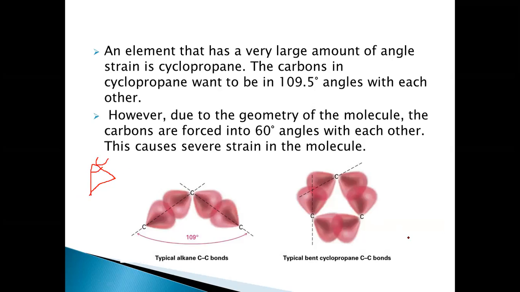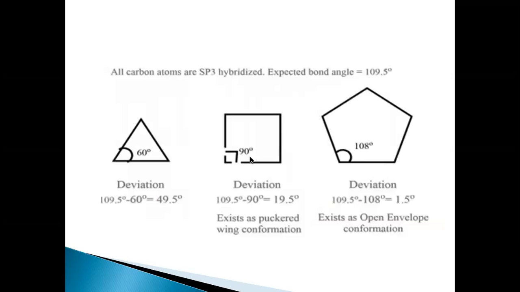The expected one is 109 degrees 28 minutes, but here it is 60 degrees. This deviation from the tetrahedral bond angle, or the ideal bond angle, results in severe strain in the molecule, which is the angular strain.